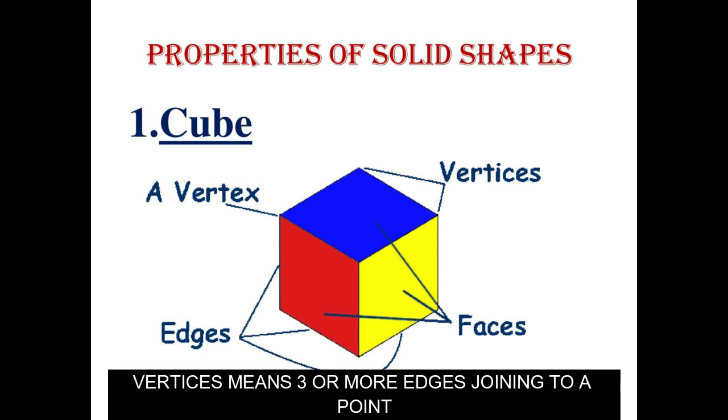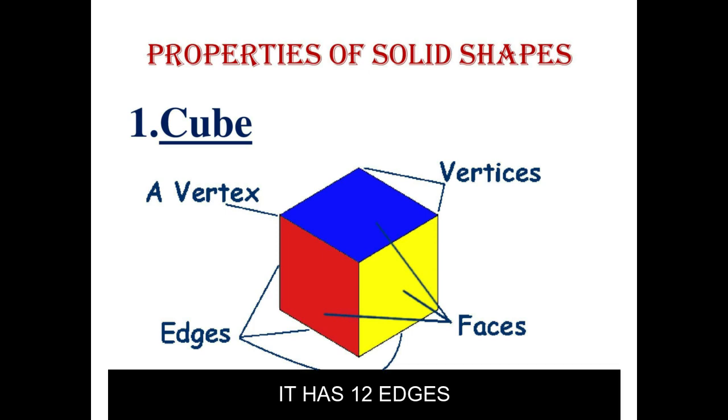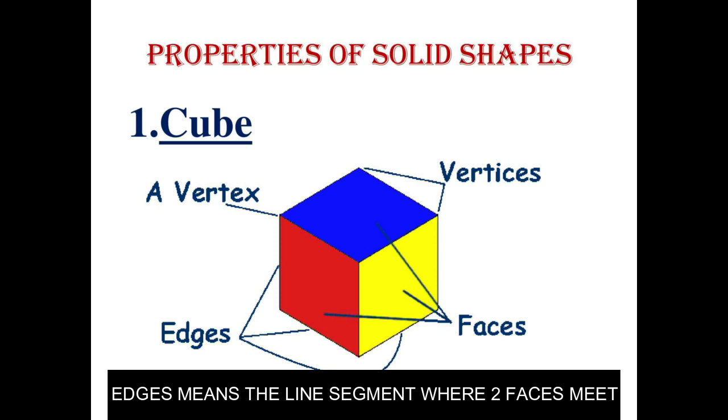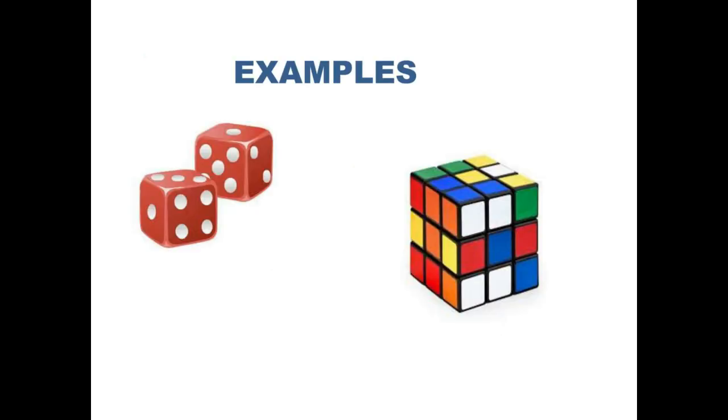Vertices means 3 or more edges joined to a point. How many edges are there in a cube? It has 12 edges. Edges means the line segment where two faces meet. All sides are equal. Examples of cube are dice and Rubik's cube.